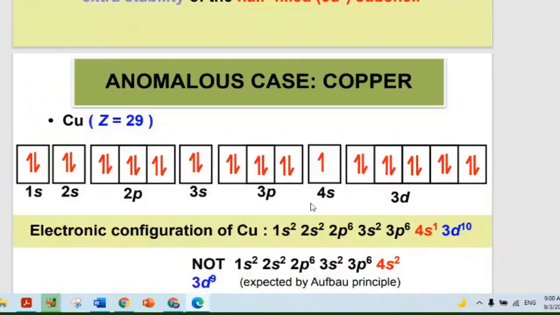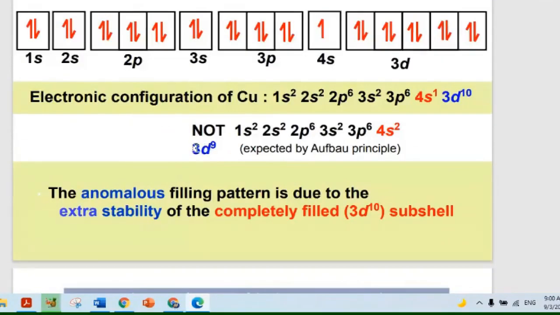Same for copper. One electron from the 4s orbital will transfer to the 3d orbital so that it becomes 3d10. Because according to Aufbau, it is 4s2 3d9, but actual is 4s1 3d10 due to the completely filled 3d subshell having extra stability.